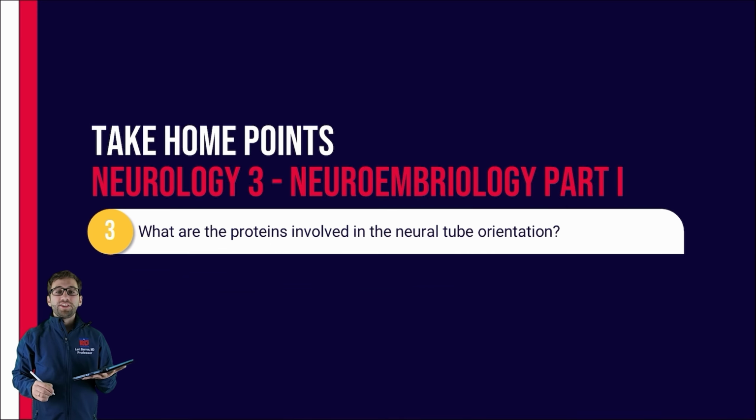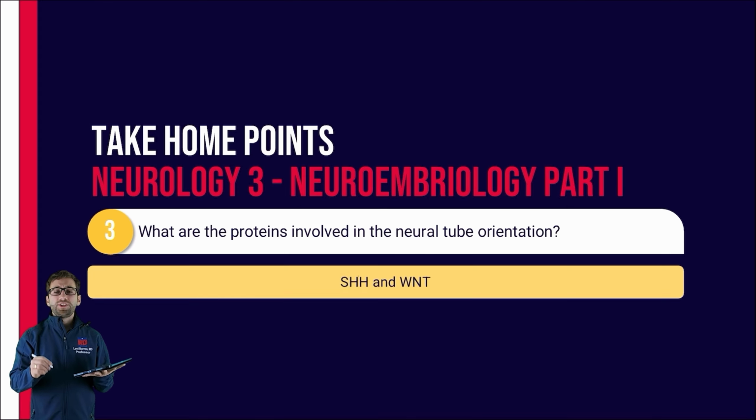What are the proteins involved in the neural tube orientation? That's a tricky one, but let's discuss. Well, the proteins sonic hedgehog, SHH, and WNT are key regulators in the orientation and differentiation of the neural tube.